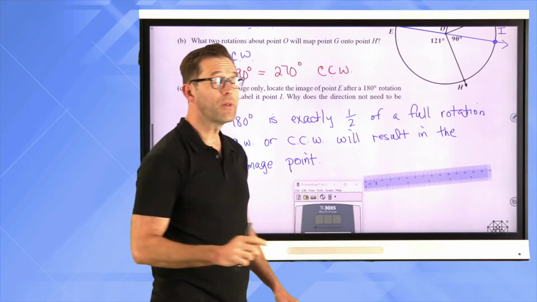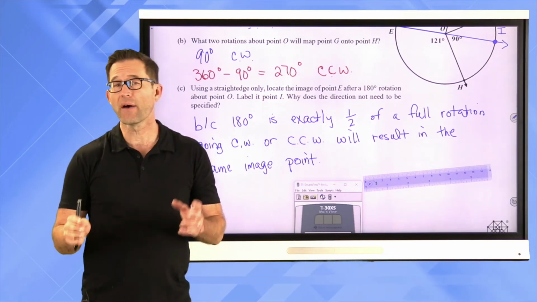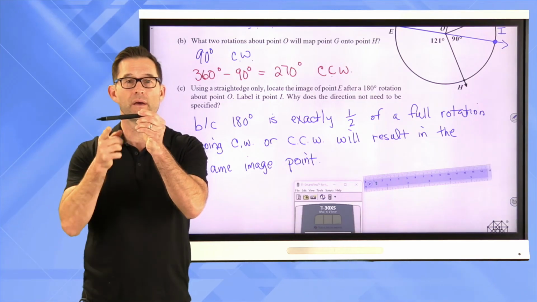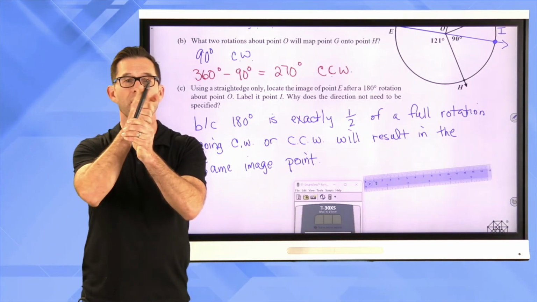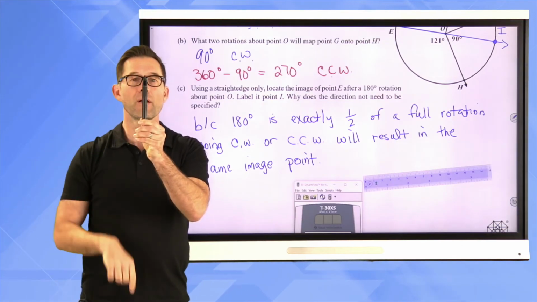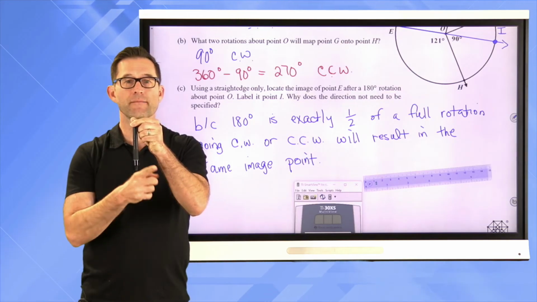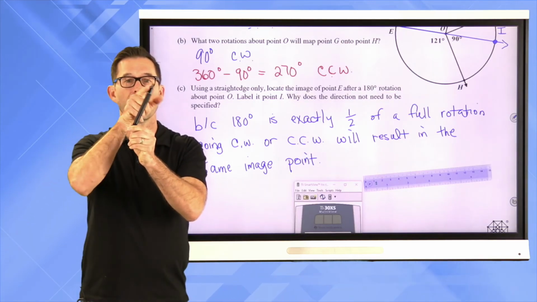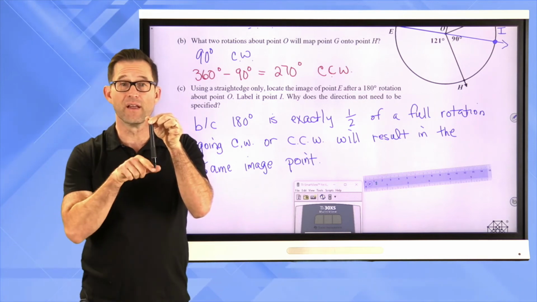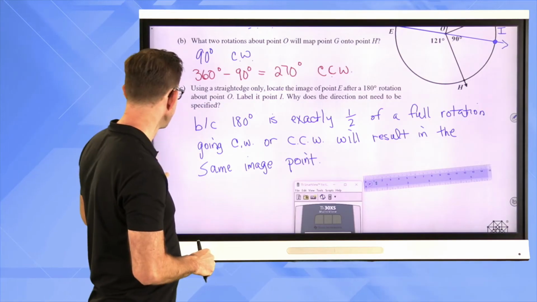Right? And it's the only one like that. If I say rotate a point by 90 degrees, you have to know whether I'm talking about rotating it 90 this way or rotating it 90 this way. But if I've got a point up here and I say rotate it 180 degrees, if I go this way or if I go this way, it doesn't matter. It still ends up down here. And that's pretty critical to understand about rotations.